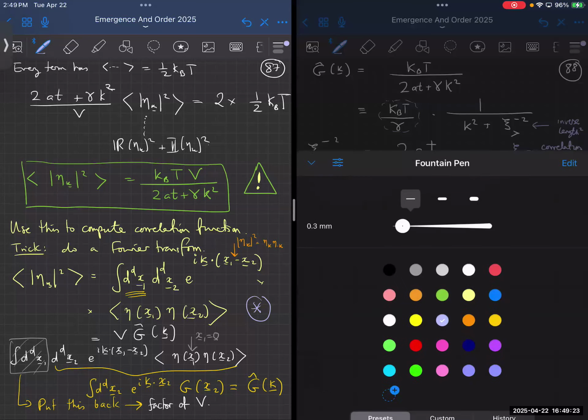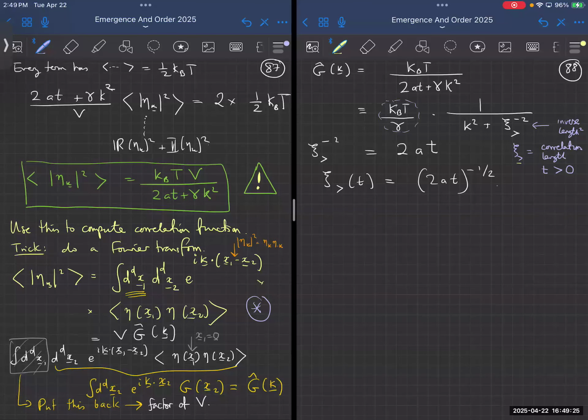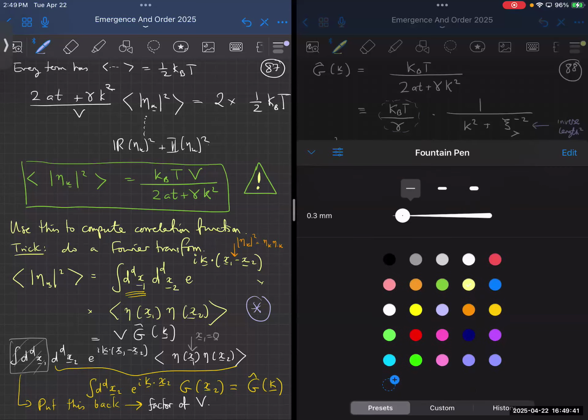So the greater than symbol is because of this symbol over here. There's a gamma. There's a typo there.